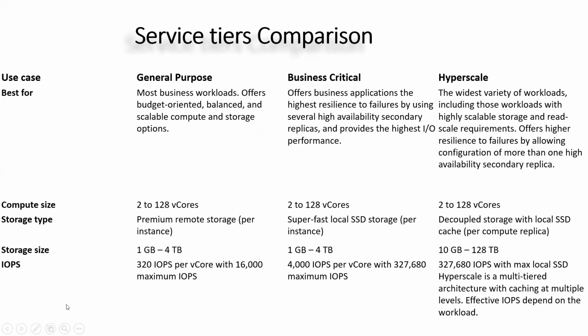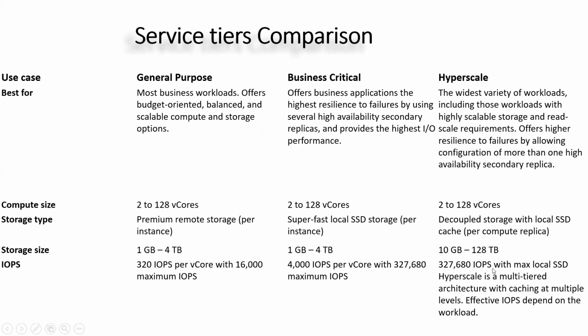And how many IOPS are supported here? 320 IOPS per vCore; for one vCore it supports 320. Maximum we can use is 16,000. Here it is 4,000 per vCore, maximum we can use 327,680.